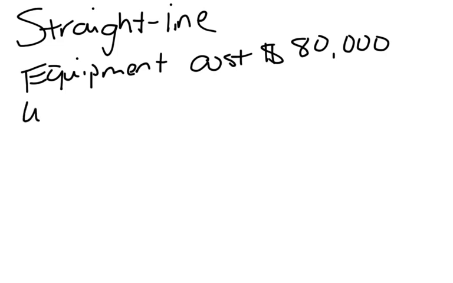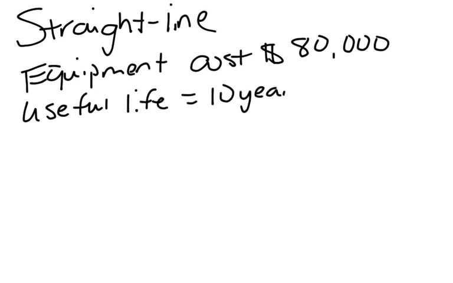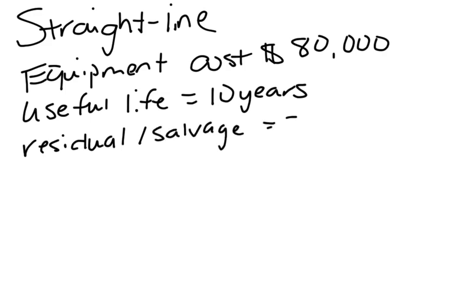Let's say that we had a useful life of the equipment of 10 years. And let's also say that we had a residual or salvage value, same thing. I'll put both of them up here. Equal to $2,000.